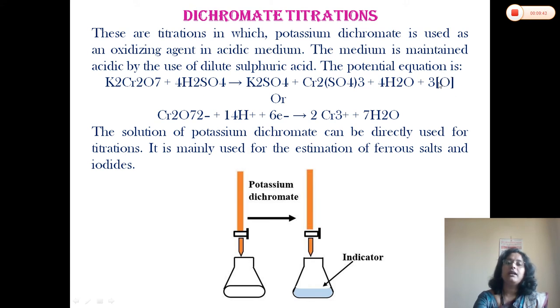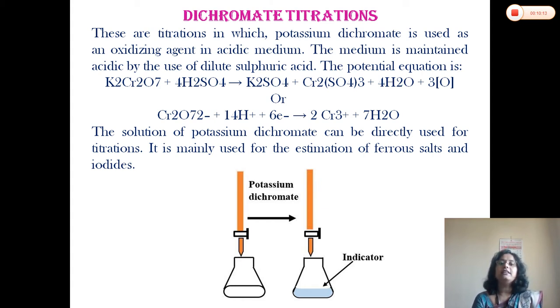and this is used for the oxidation of another component. Or we can say that in K2Cr2O7 the oxidation state of chromium is +6, and when it reacts with sulfuric acid, it is converted from +6 to +3 by the gain of 3 electrons.